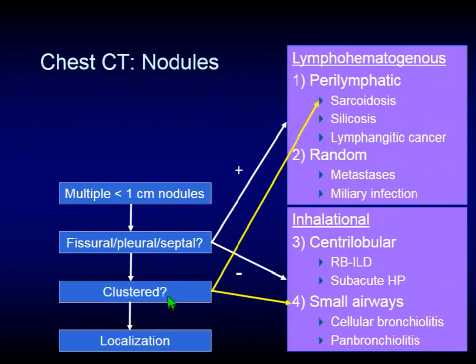Now, if we add the clustering, meaning that these nodules are clustered on surfaces, and we are dealing with a perilymphatic process, you're really talking about sarcoidosis for the most part. And if you see them clustered but none of those surfaces are involved, you're really talking about a small airways process.